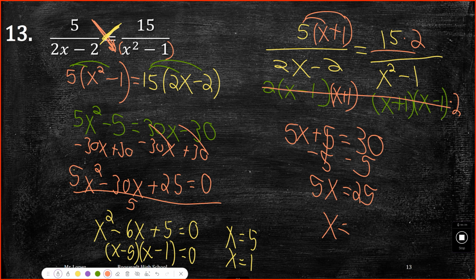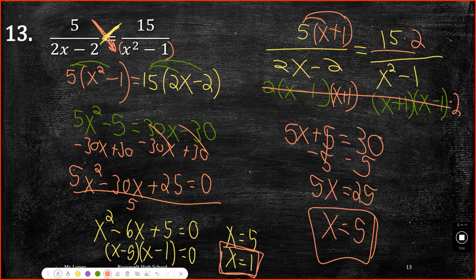So now your question maybe is, why does this one only have one solution and this one has 2 solutions? Which one is correct, the first method or the second method? They're both correct, but is x equal to 1 an actual solution?